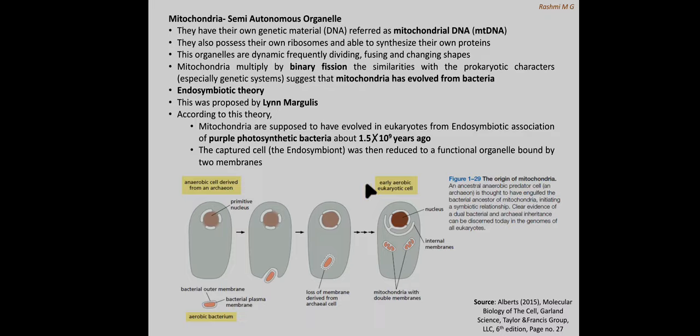The eukaryotic cell has been derived from a prokaryotic origin, and the anaerobic predator cell is thought to have engulfed the bacterial cell. This theory was put forth by Lynn Margulis, suggesting that mitochondria evolved in eukaryotes from the endosymbiotic association of purple photosynthetic bacteria. Okay.